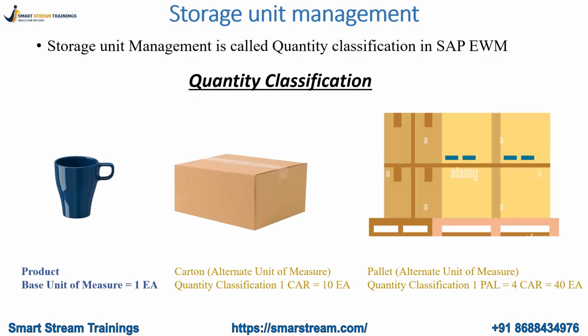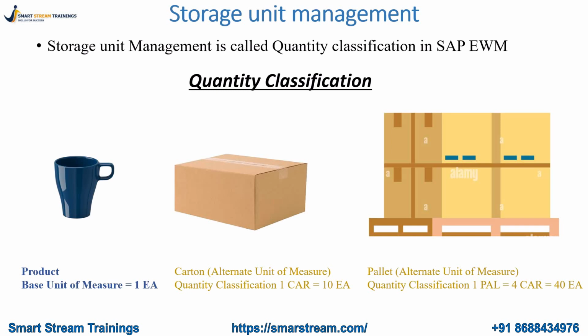And eventually we can take all these cartons and make a pallet as well. So the third image which you are seeing here is what we call a pallet, and it provides more flexibility in the warehouses to store the product.